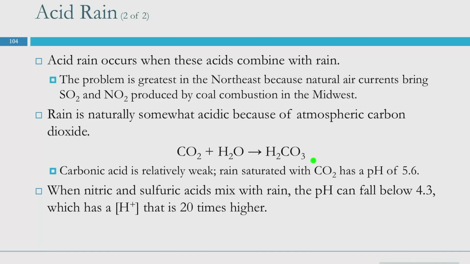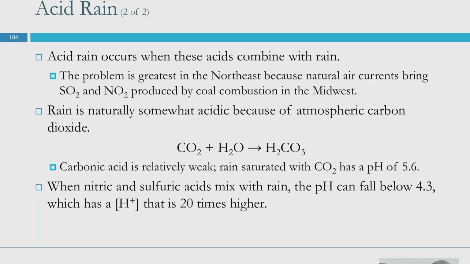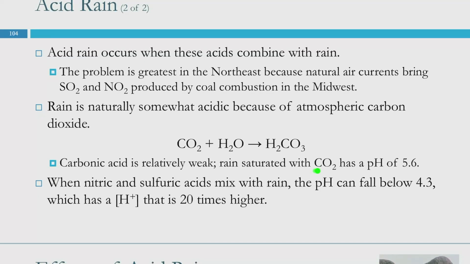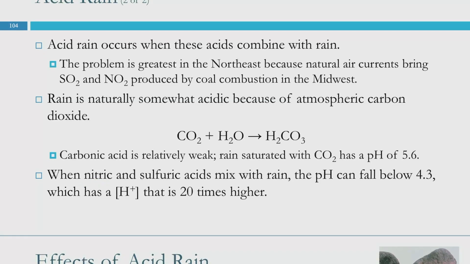It's naturally going to form carbonic acid in the atmosphere. We looked at the way that forms earlier. So rain that has a saturated CO2 level is going to have a pH of 5.6. It's already going to be a little bit acidic. That's not really enough that we would have to worry about it too much. But if you have nitric and sulfuric acids mixed in there, the pH can fall below 4.3, and that's when it starts to become a little more dangerous.